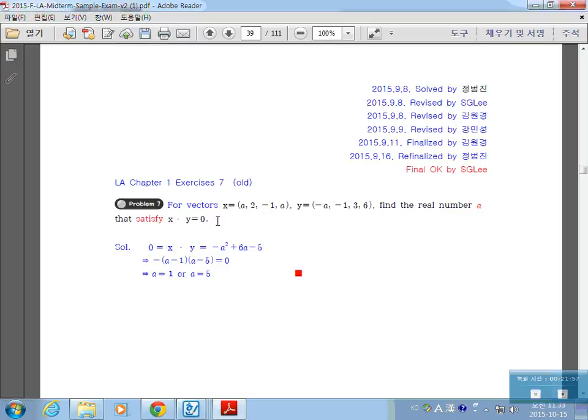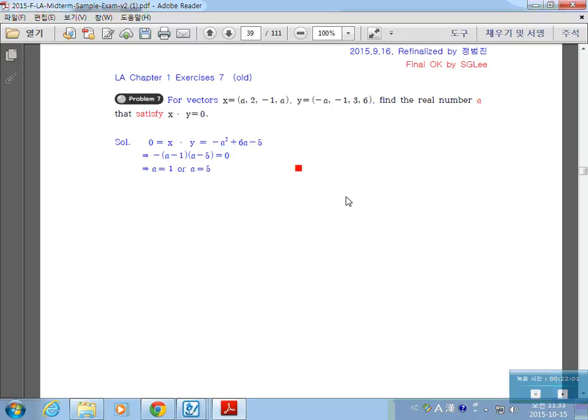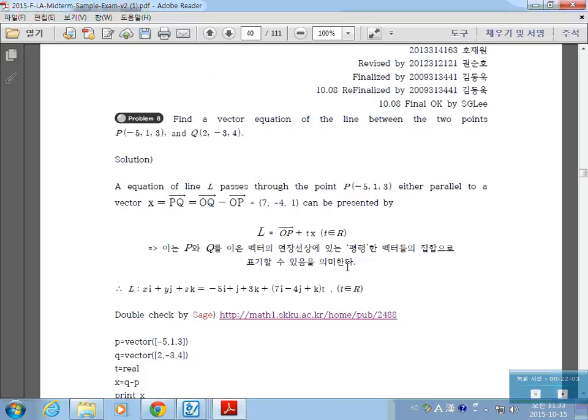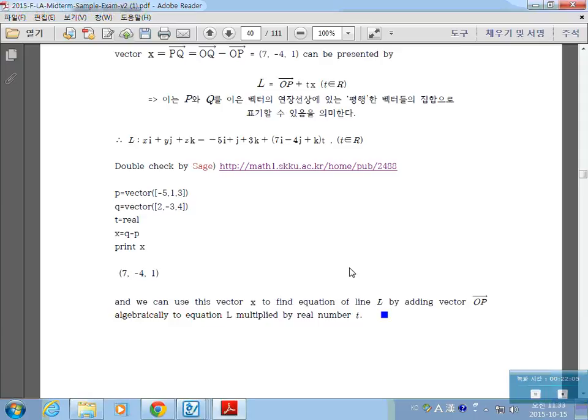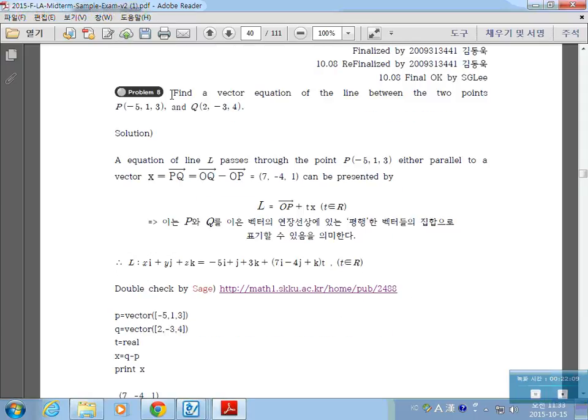And there are other approaches. And these are similar problems that many of you solved. And you may see problems like this in this midterm examination. Find the vector equation of a line between 2 points, something like this.